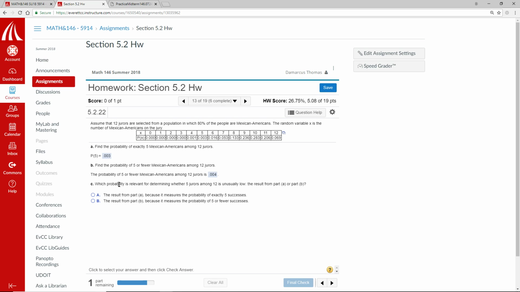Which probability is relevant for determining whether 5 jurors among 12 is unusually low, the result from part A or part B?